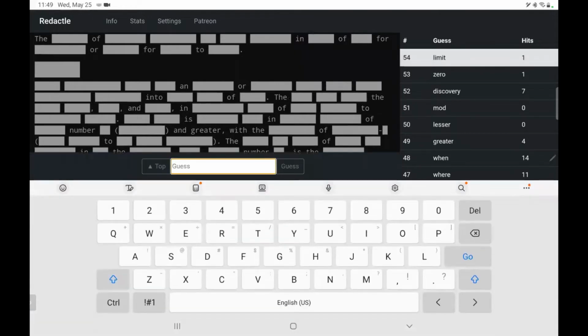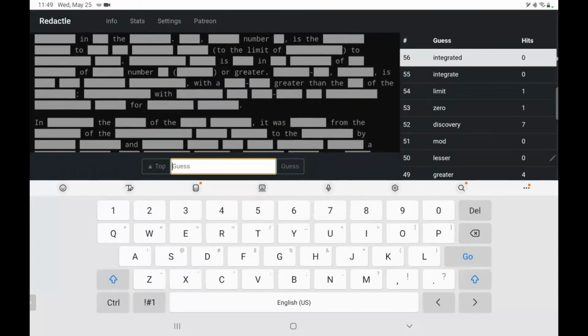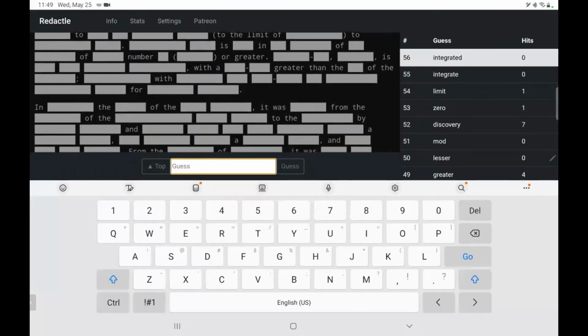There's another word, verb I'm thinking of. Maybe integrate. Integrated. No. Root.